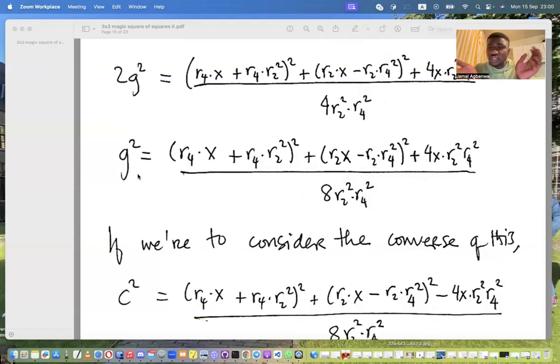And if you're able to use computational tools, and we are fortunate enough, ideally speaking, we should get integer values for x and g, and by extension, whatever value you get for x in this case, when you put it into the formula for c squared as you have it, it should work. That's ideally speaking.